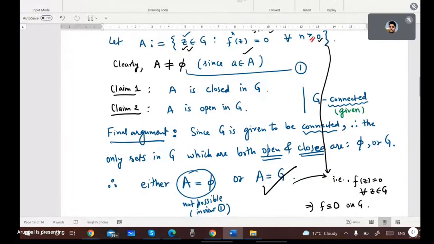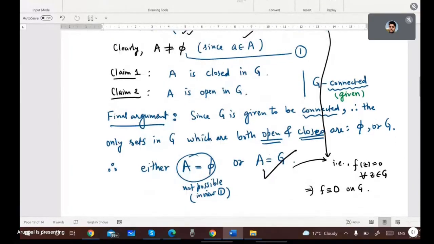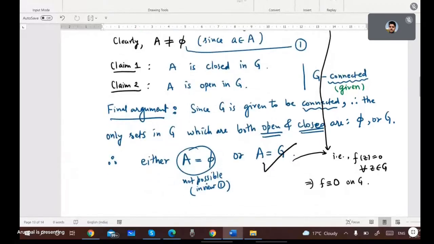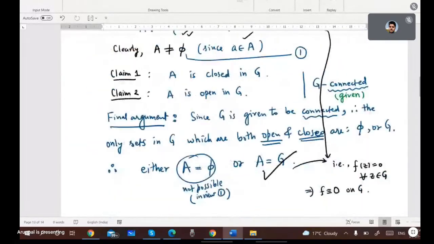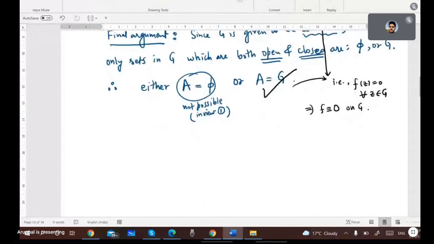Is this clear, class? Yes, sir. So now we are finally left with making the claims 1 and 2. Is this okay? Yes, sir. And the proof will be complete. So let's make claim number 1.